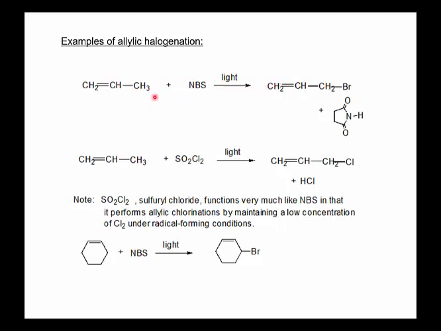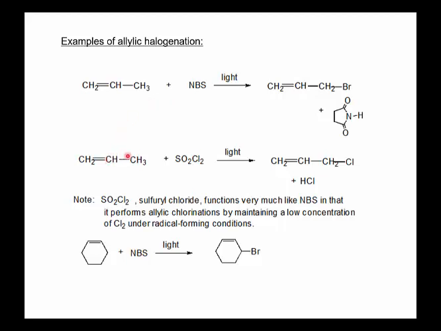The allylic hydrogen, the hydrogen from CH3, is replaced by Br. Now there's a byproduct. The bromine on the nitrogen of NBS gets replaced by hydrogen, and this byproduct is removed when you do the cleanup and workup, the purification of the product. So this is an example of allylic bromination using NBS.